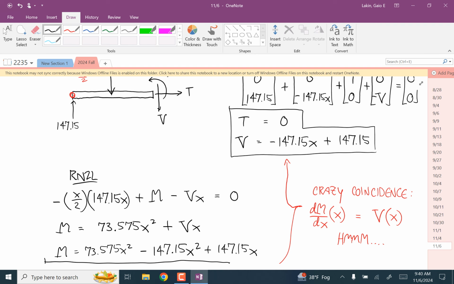Because you're basically solving for C. Right. Yes. And you have to do it at all of the places where the distributed load functions change and stuff.